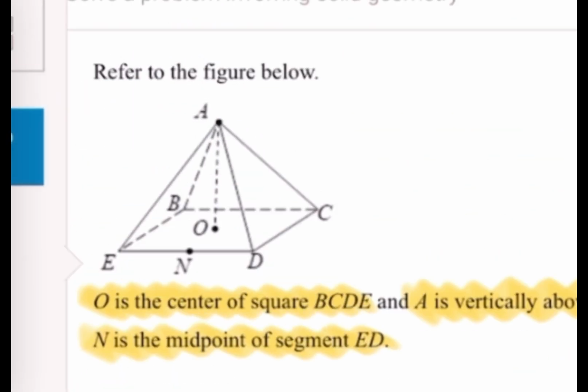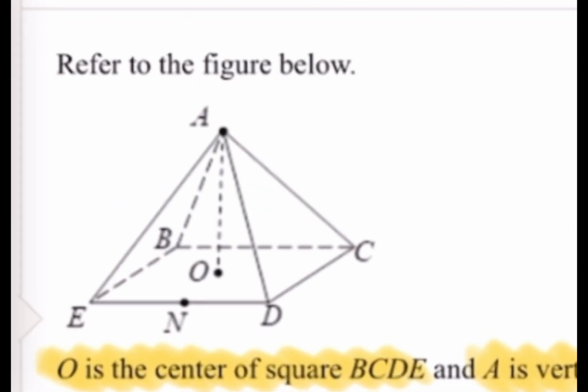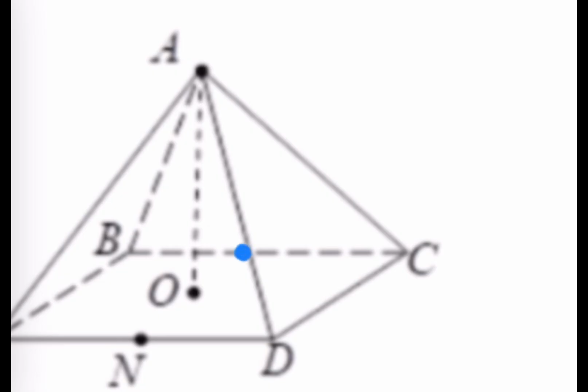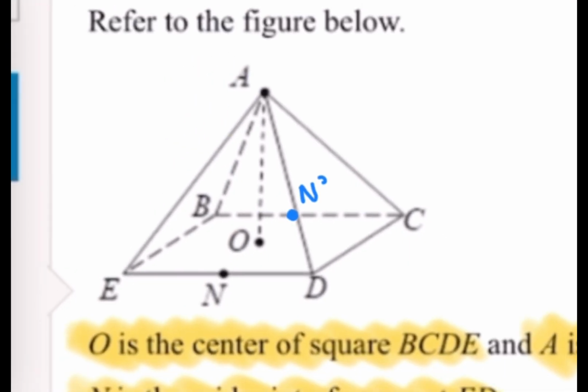Okay, so if we want to find the angle between these two planes, first we need to find the plane that angle is on. To do that, I'm going to put a midpoint between B and C, and I'm going to call this midpoint N prime. Now I'm going to draw a plane like so.